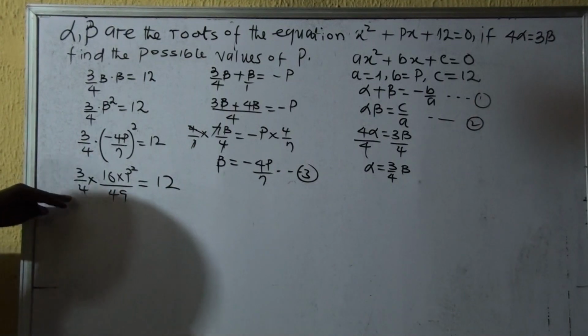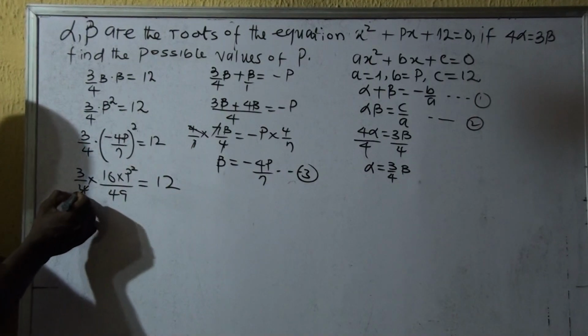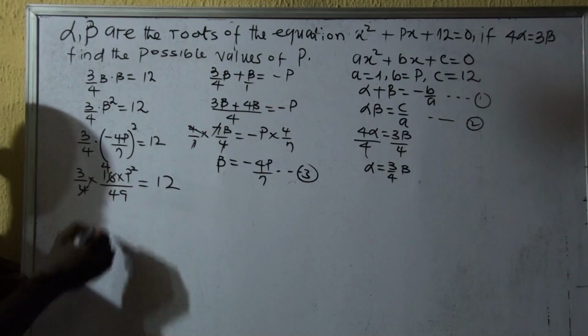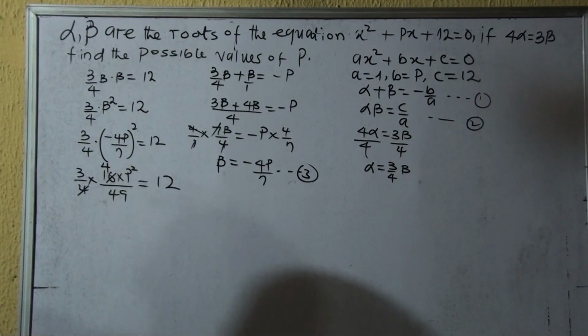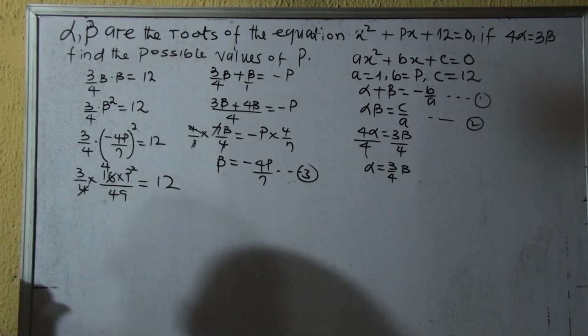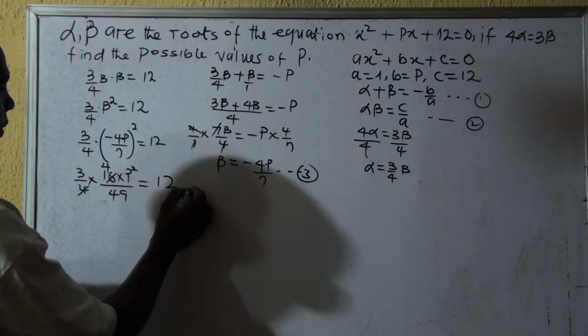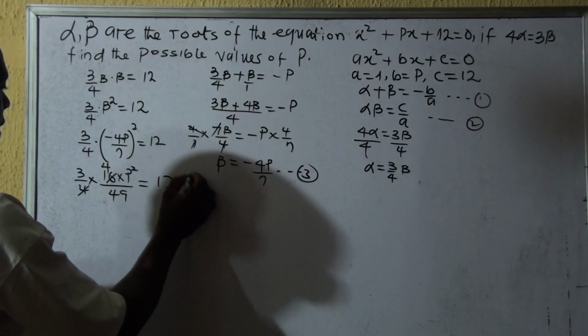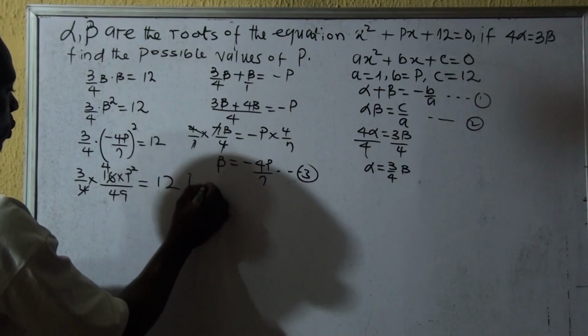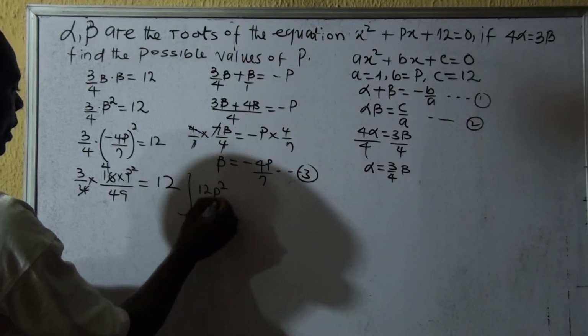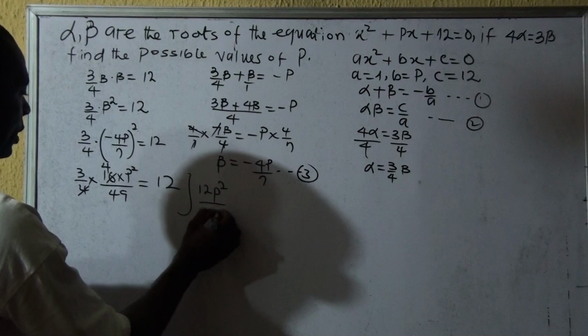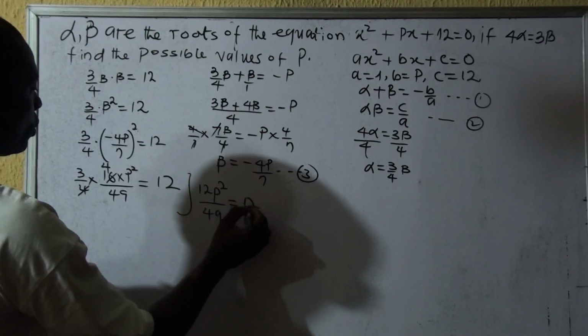The 4 at the denominator divides 16, and what is left is 4. So 3 times 4 is 12. This becomes 12 p squared over 49 is equal to 12.